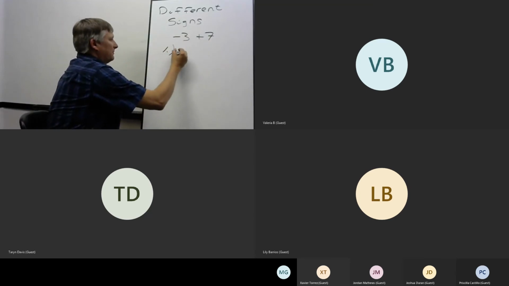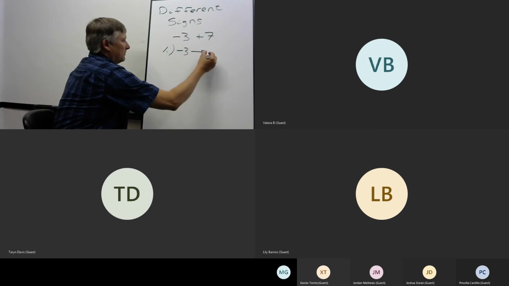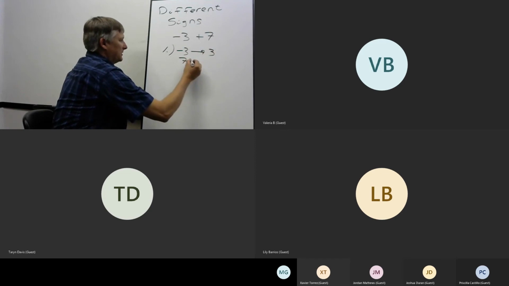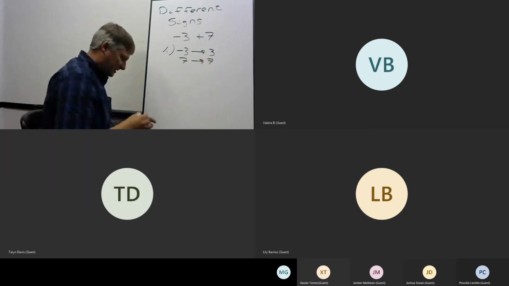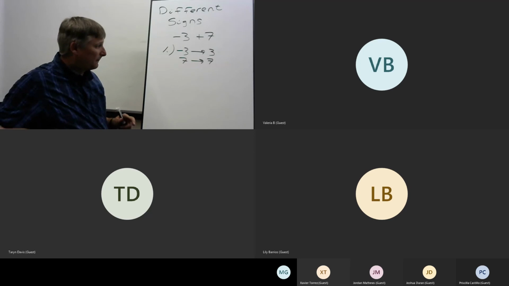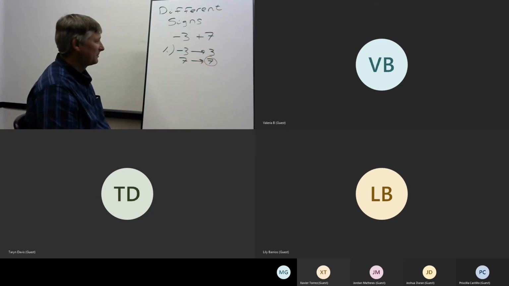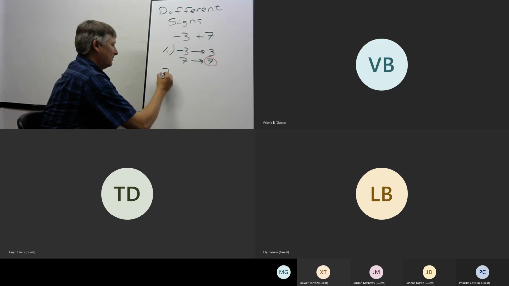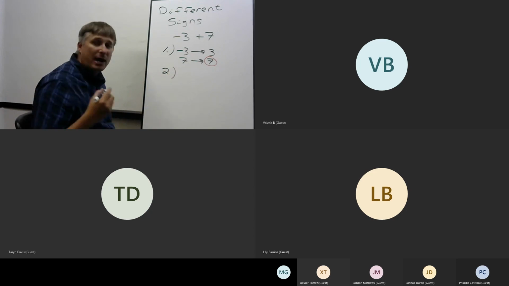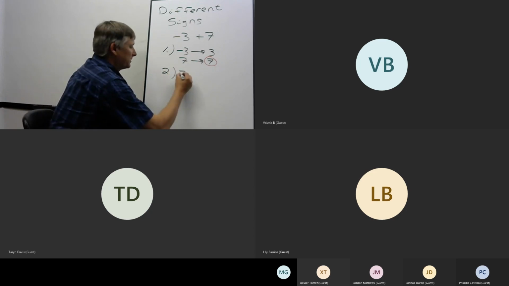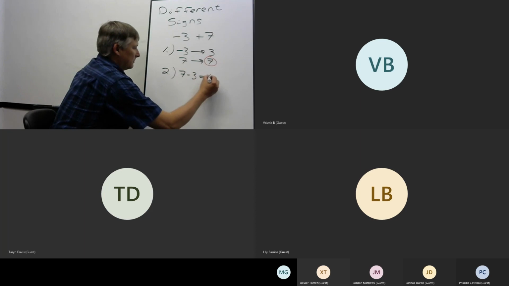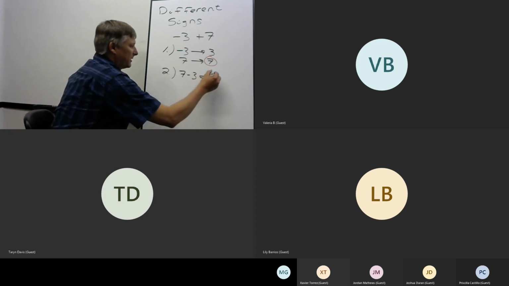So first off, -3 becomes 3. 7 remains 7. And 7's bigger, so I'm just going to circle it. That's your bigger number. We subtract the smaller positive from the bigger. And that gives us our preliminary answer.